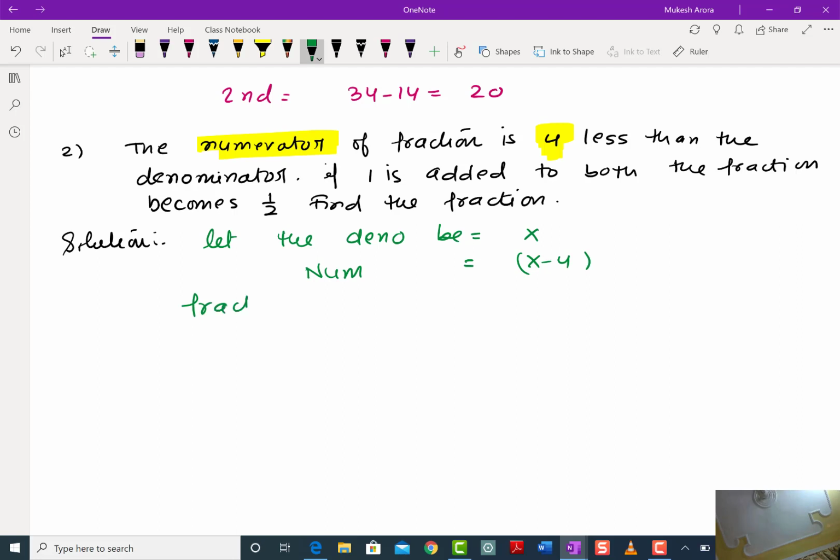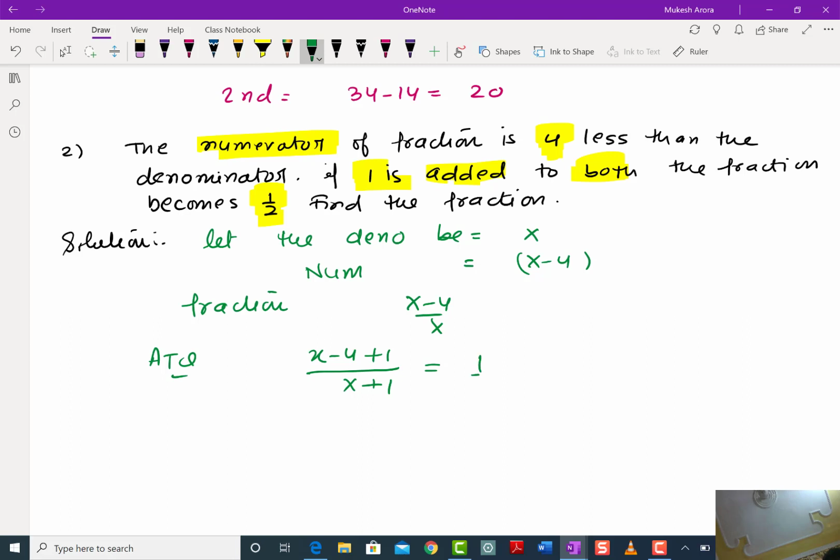The fraction will be x minus 4 by x. According to the question, if 1 is added to both, x minus 4 plus 1, and x plus 1, it becomes 1 by 2. Read every question carefully, right? And then accordingly you solve the sum.